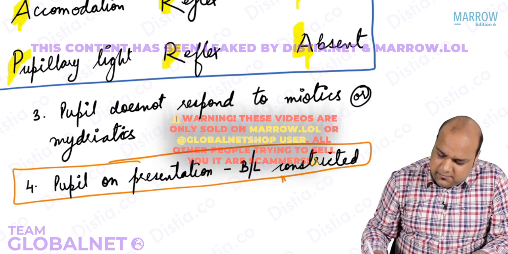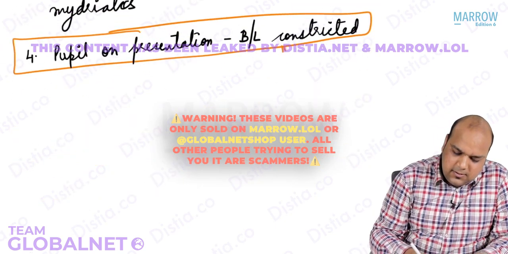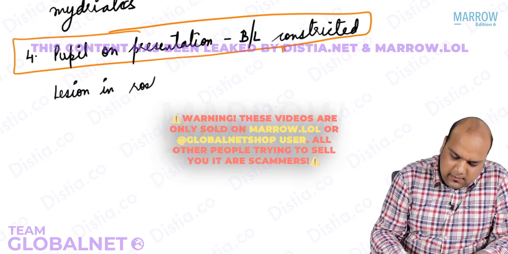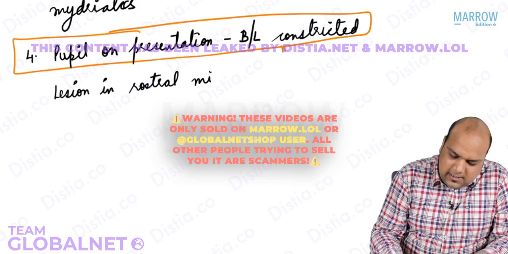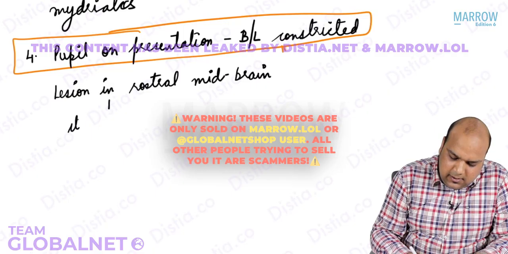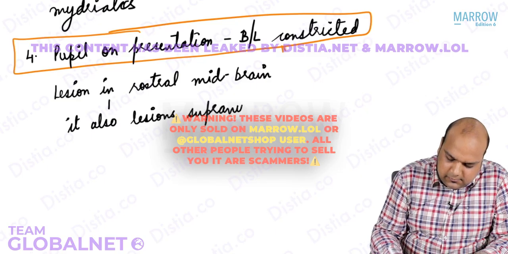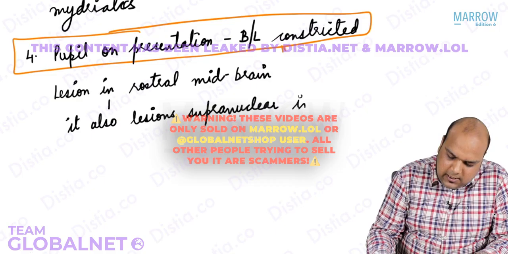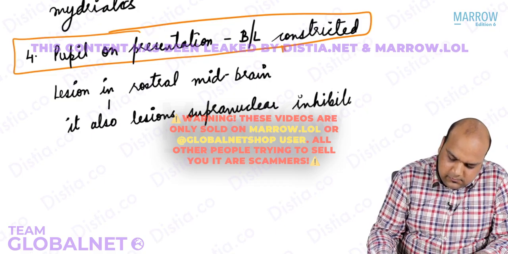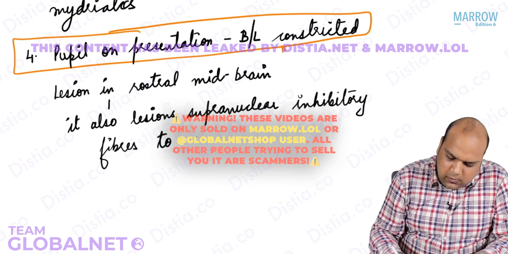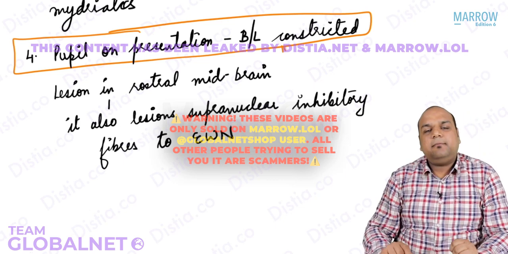Why is this so? This is so because the lesion is in rostral midbrain. When there is a lesion in the rostral midbrain, it also lesions the supranuclear inhibitory fibers to Edinger-Westphal nucleus.